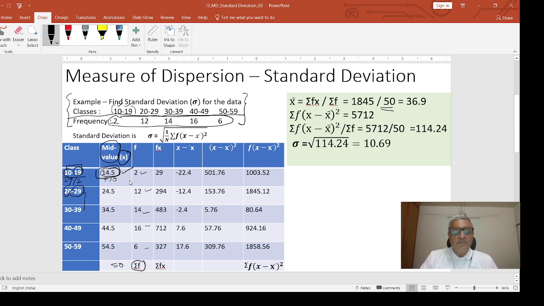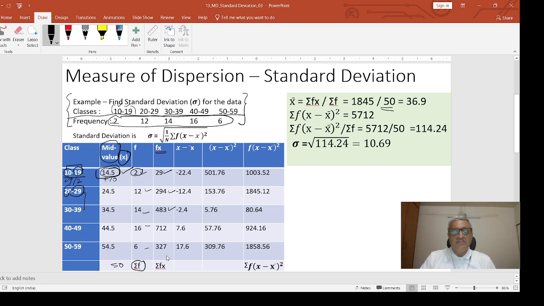Now we need to find fx. 2 elements are between 10 to 19, but the mid value taken by us is 14.5, so fx will be 2 into 14.5, which is 29. Then 34.5 multiplied by 14 is 483.